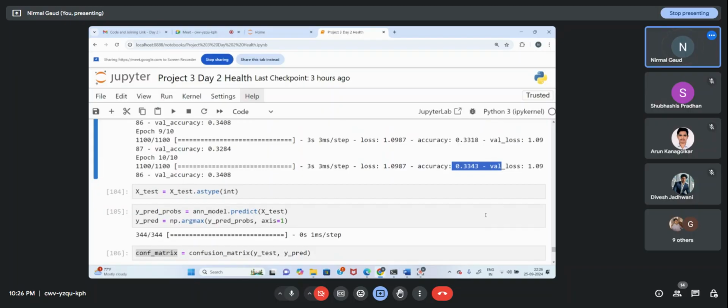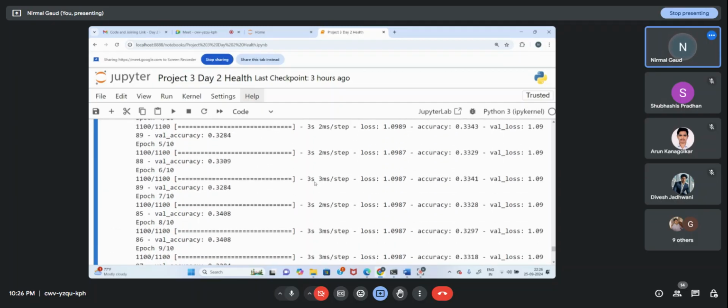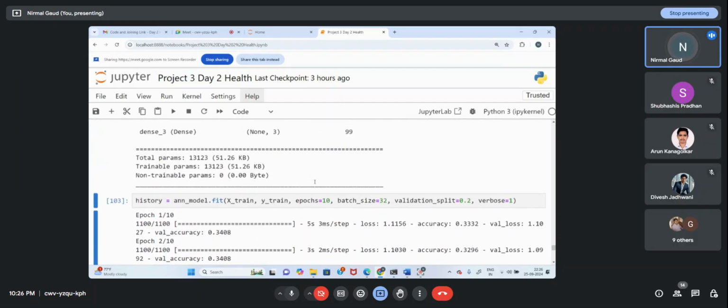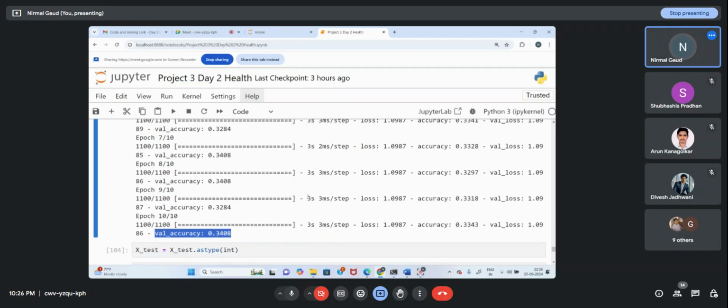The training accuracy and the validation accuracy are compatible, in this range only. But even after using deep learning, my model is not going more than 34%. It is still the same.